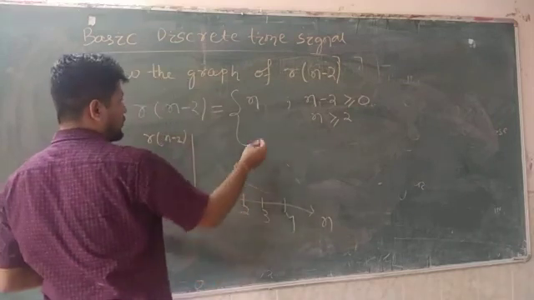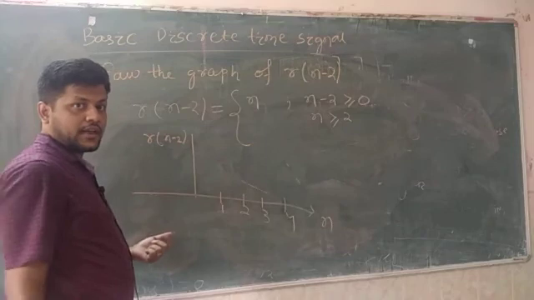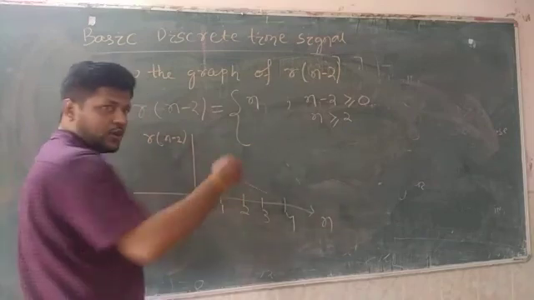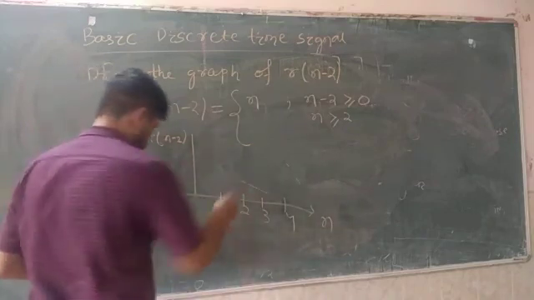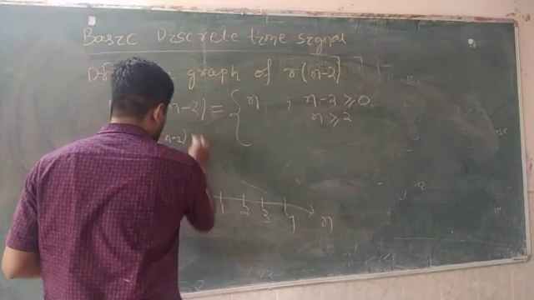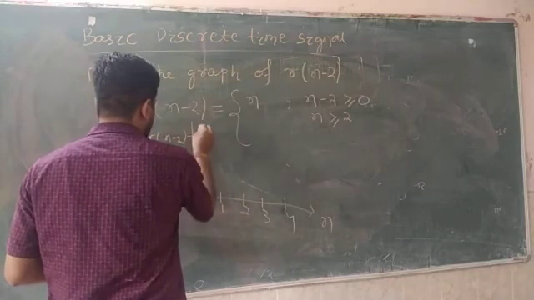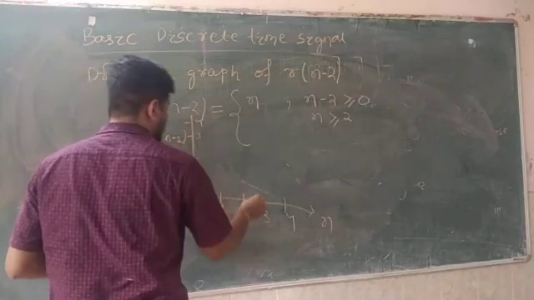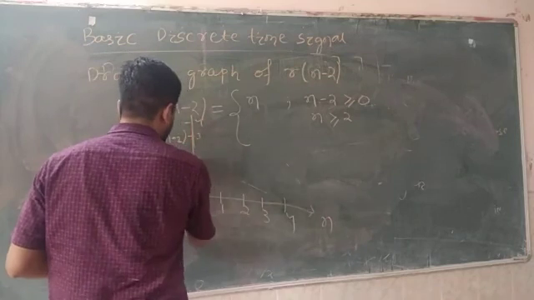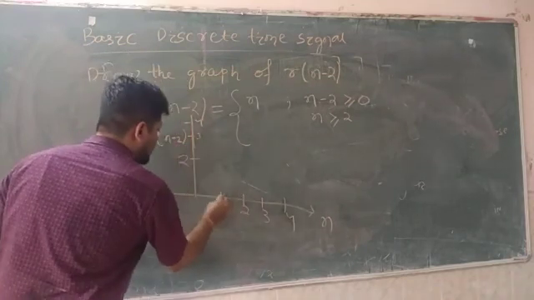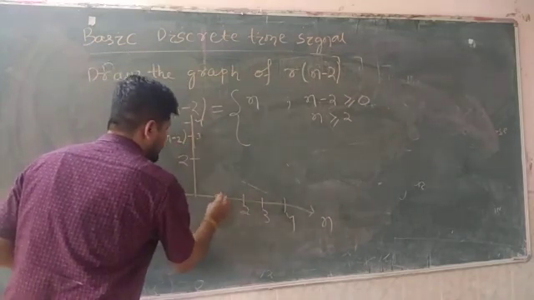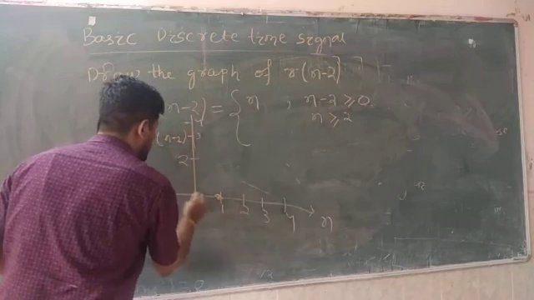We will get the value only when n is greater than or equal to 2, that means including 2. This side is 2, this side is 3, this side is 4. All the remaining samples are 0.